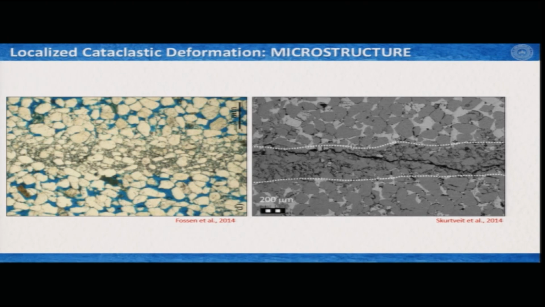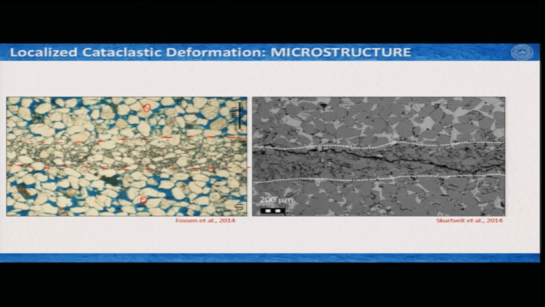Now, this is how it looks when we see them under a microscope. The first one is an optical microscope image. You can see that these yellow things are your sand size grains, and the blue background is your porosity, and you clearly see that there is a zone in the middle running from west to east where there is an anomaly. This part is a little heterogeneous compared to this area and this area.